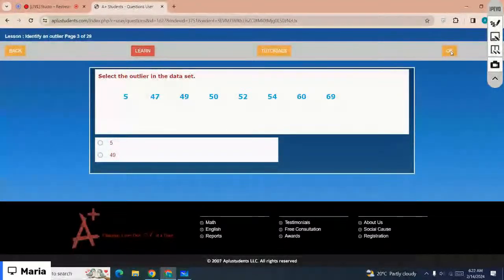Select the outlier in the data set. So which is the correct option? The correct option is 5.